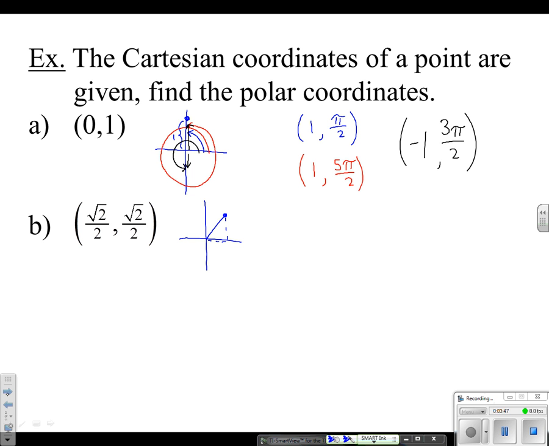We would find that the radius is actually 1. You could also notice that these are the coordinates of a point on the unit circle. And remember, a unit circle means that the radius is 1. And then certainly the angle formed would be pi over 4, or 45 degrees. So it'd be 1 comma pi over 4.